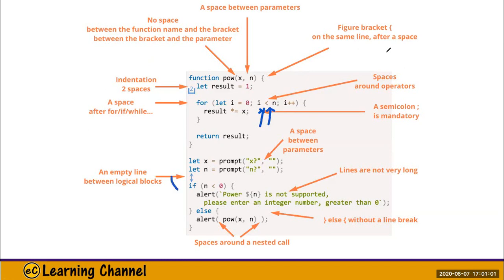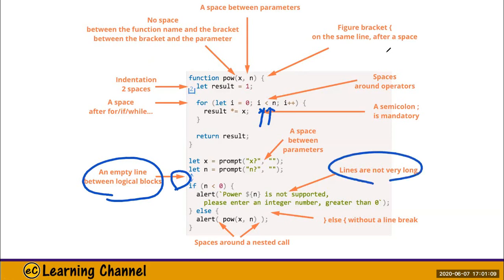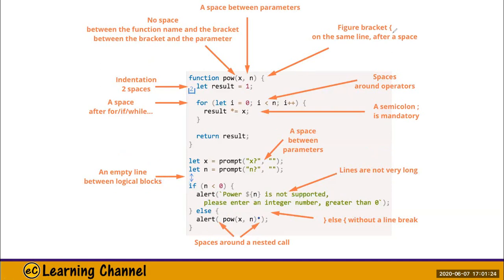If you finish some section, you put some empty lines between logical blocks, okay? And don't make a line too long. You want to break it down to the next line. Some people suggest that when you call a function and inside is another function, you put some space in there. I probably am not following this one every time, okay?